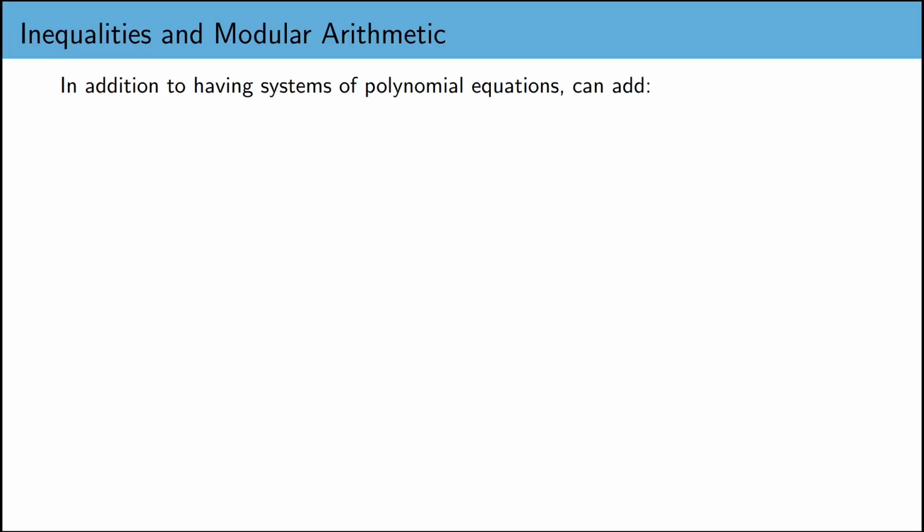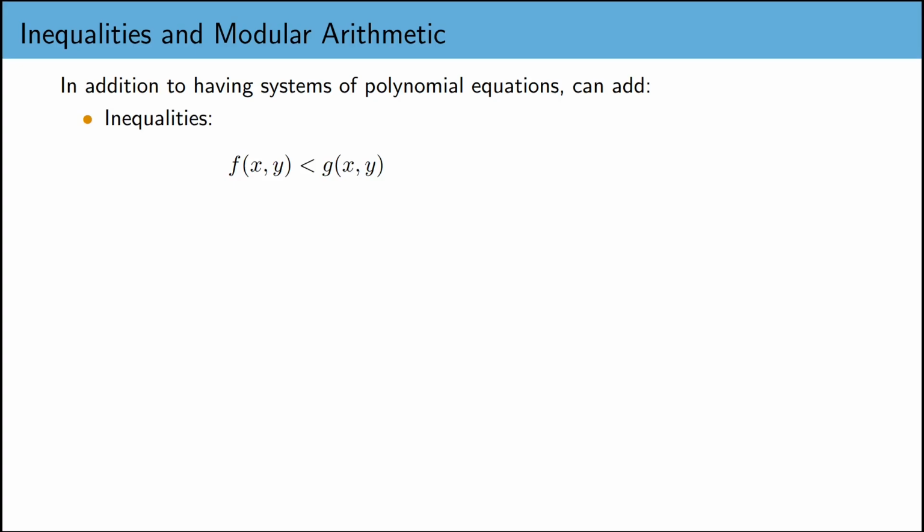Let's continue this process of adding to our language without increasing its power, of adding new tools or things that we can say, all the while maintaining our ability to translate back to a single Diophantine equation.